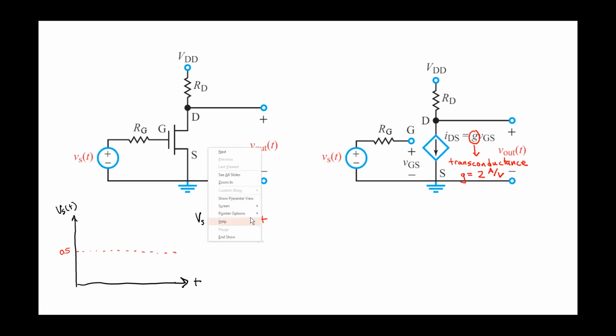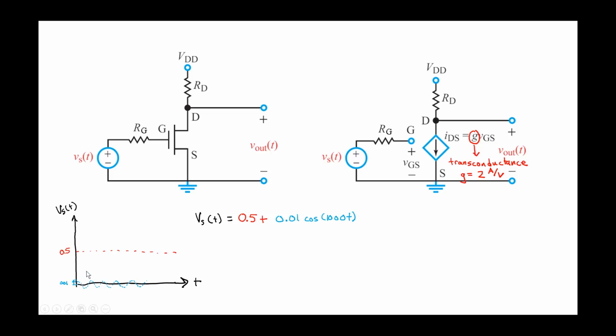In the other part, I'll switch to blue for this one, 0.01 cosine of 1,000 t. Okay, and what does that normally look like? Well, that looks like this little cosine down here. My axis is bumpy, but hopefully you can tell what's going on here. And its amplitude is 0.01.